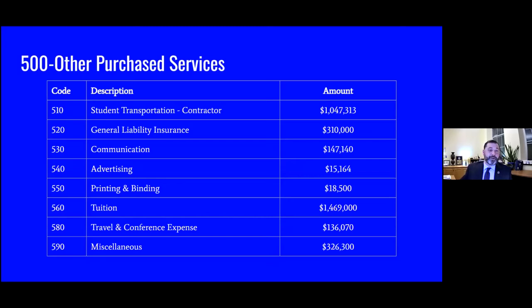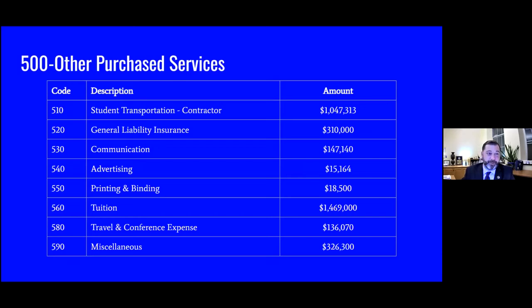Our 500 category, our student transportation contractor, we do spend about $1 million on First Student every year, and they drive our special ed students to their outside placements or anywhere they need to go in between schools.